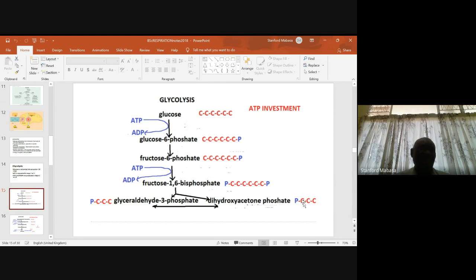When we were talking about the Calvin cycle, glyceraldehyde 3-phosphate was the product which was used to regenerate ribulose 1,5 bisphosphate, and also 1 molecule of glyceraldehyde 3-phosphate was used to generate sugar, to produce sugar.